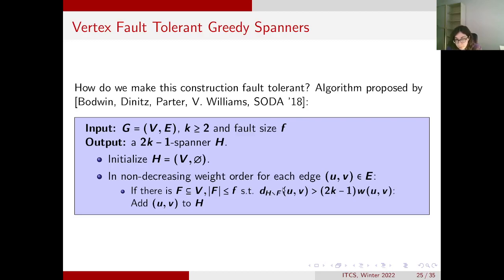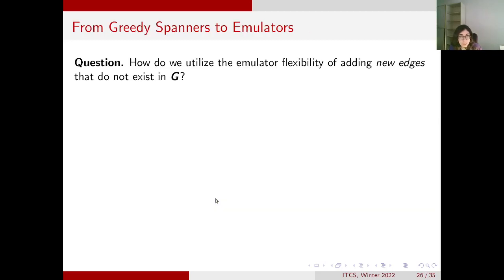So is there any fault set F such that the distance after we remove the nodes in F becomes larger than 2k minus 1 times the weight of UV? If there exists such a fault set, then we add edge UV to the spanner. So clearly we are adding more edges because this fault set is forcing us to add more edges.